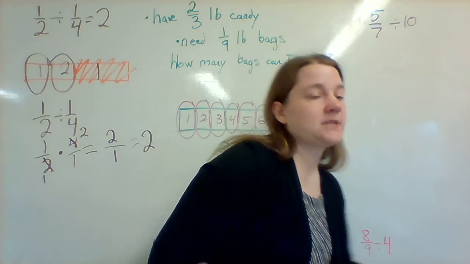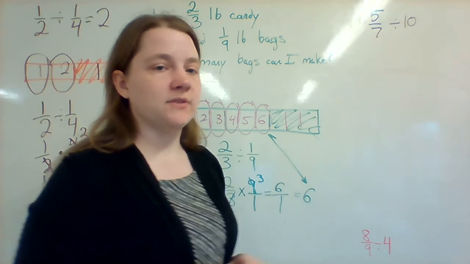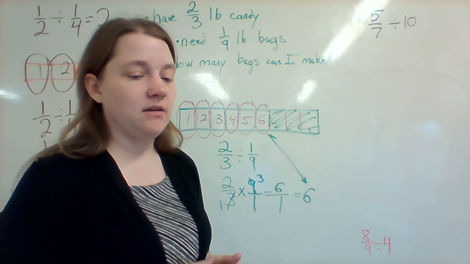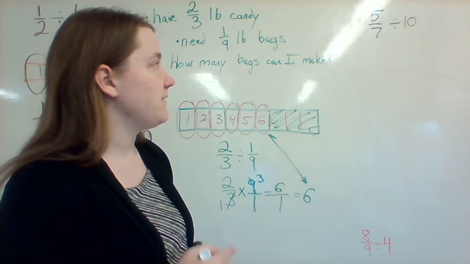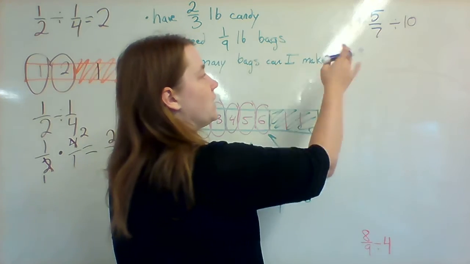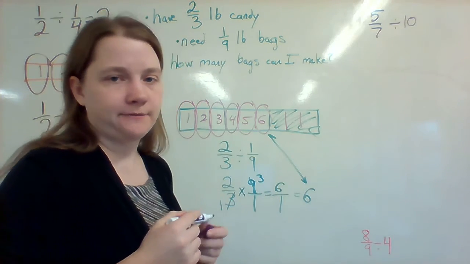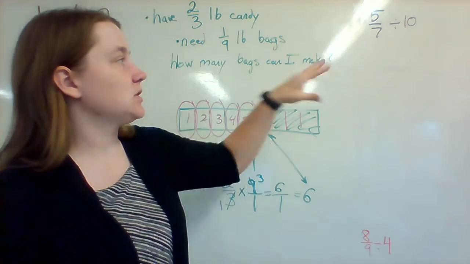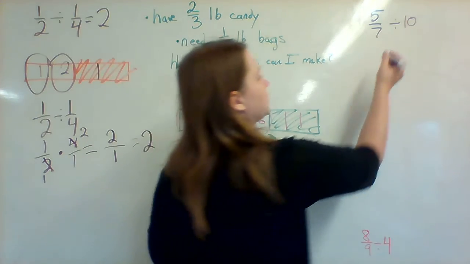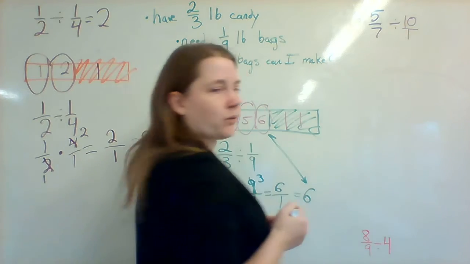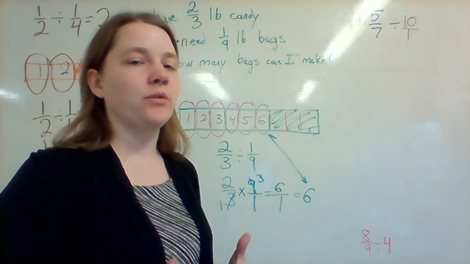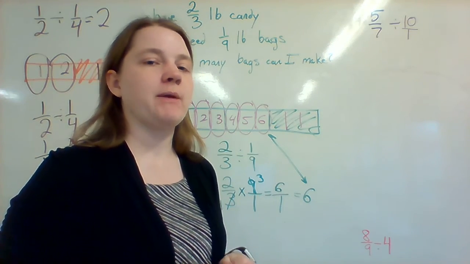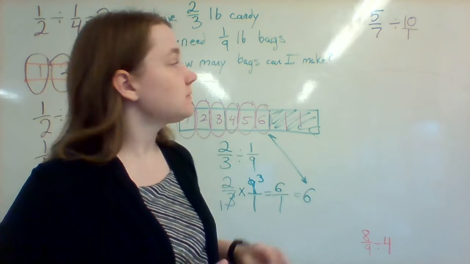Let's take a look at our last problem, which is 5 over 7 divided by 10. Now when I have 5 over 7 divided by 10, I notice that that 10 is not a fraction. But because we're going to use the reciprocal, it's about to be. So let's prepare for that, and let's put 10 over 1, because any whole number can be made into a fraction by putting it over 1.